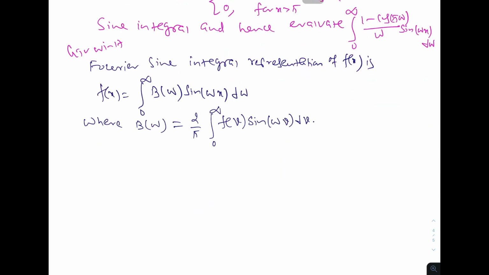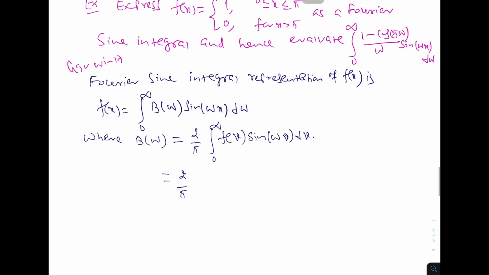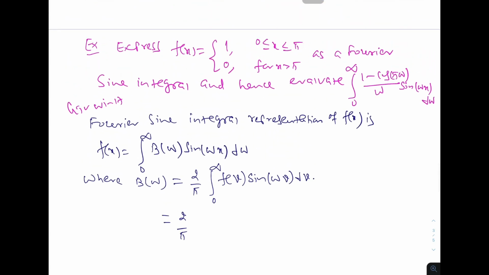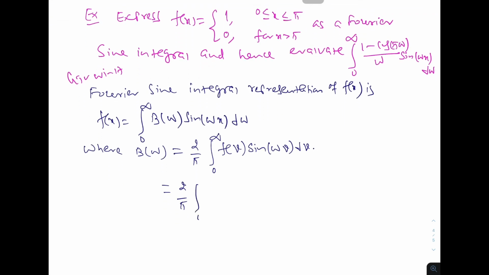Now see, the value of the function is given in 0 to pi only, and that is 1. Everywhere else it is 0. So we only need to take 0 to pi, where the value is 1.